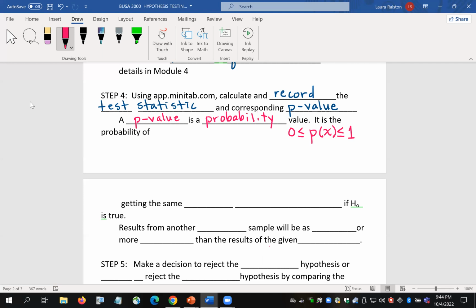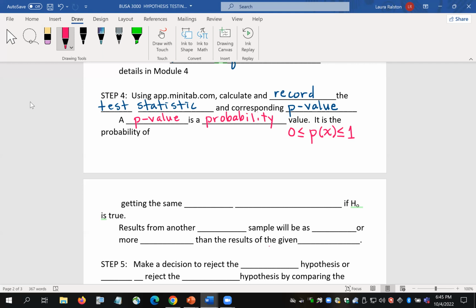That goes back to the basic probability rule that all probabilities are between 0 and 1. 0 meaning the event is impossible. No way, no how is it happening. 1 means it's definitely happening no matter what you do, and you can have any fractional or decimal value between 0 and 1. So you'll never have a p-value that is negative, and you should never have a p-value that is over 1.